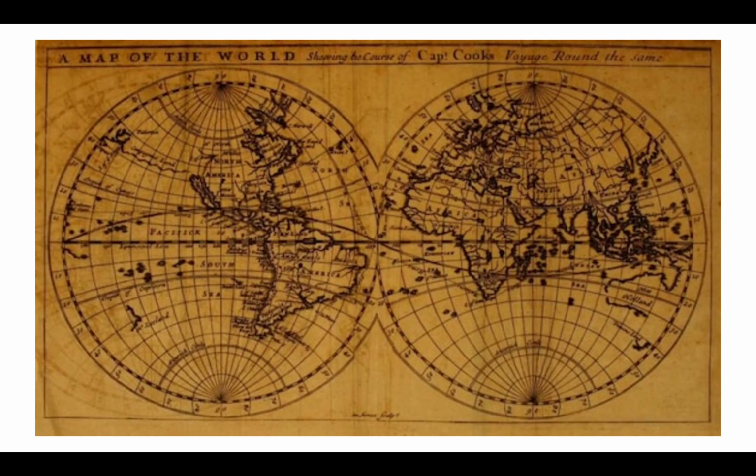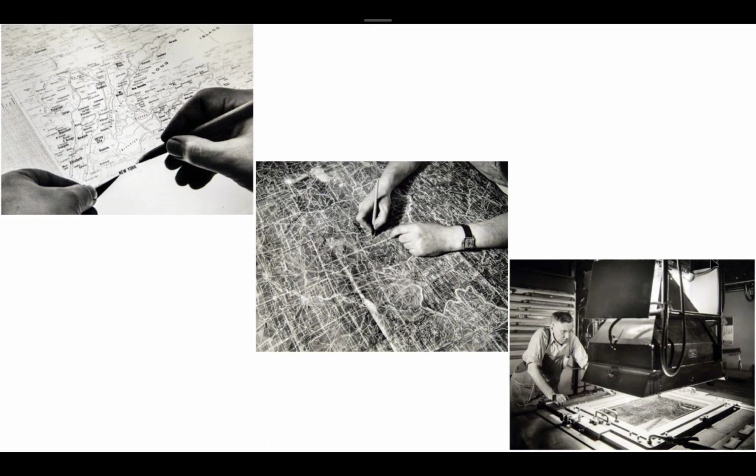That means to make with hand. In the next video we'll see the difference between manual and digital cartography, but for the time being you must just know that there is something called manual cartography, that is making a map with hand, and there is something called digital cartography where you're making it digitally using a computer or a phone or any device basically.